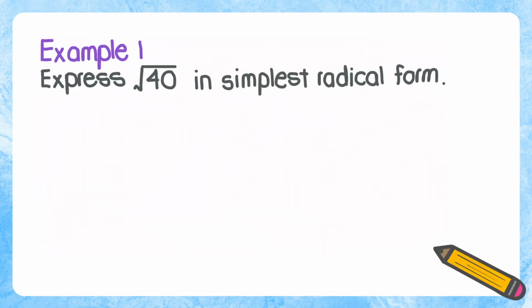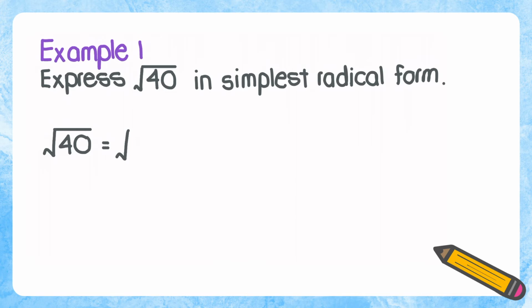Here's our first example. Express the square root of 40 in simplest radical form. So we're going to simplify this by using the idea of perfect squares. So I have the square root of 40, or radical 40, and then I think about the number 40.